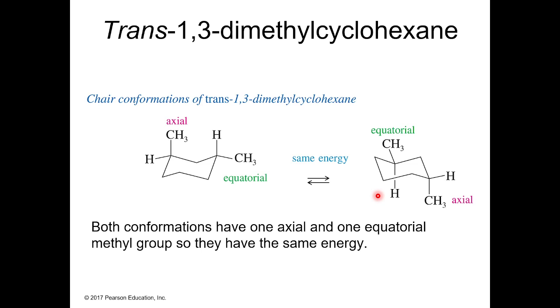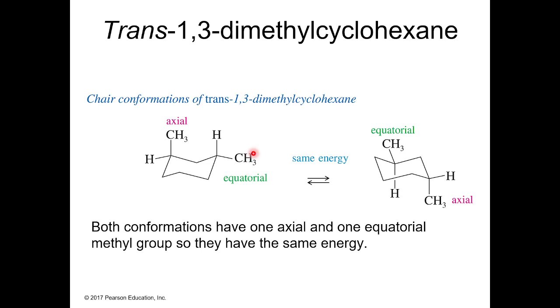Again, when you have the trans isomer, whatever conformation you're in, you're going to have one in one direction, one in the other. So one will be axial, one will be equatorial every time. They can never both be the same.